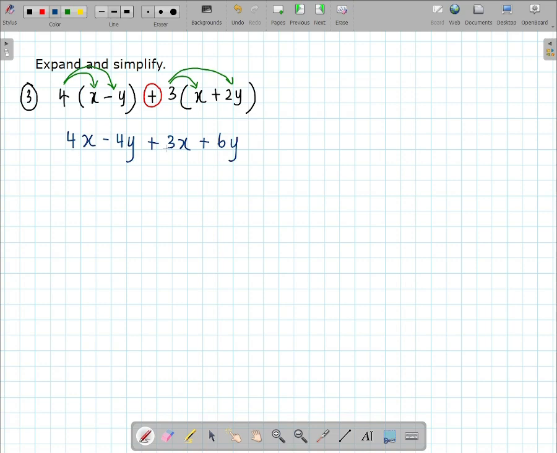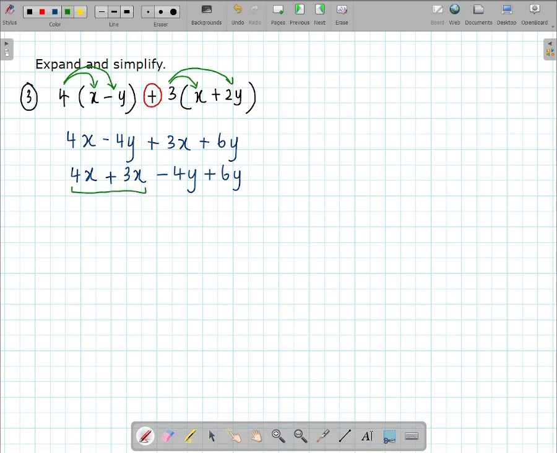Now we check the like terms. We have like terms, that is 4x and 3x, 4y and 6y. So we have to collect them and write 4x plus 3x minus 4y plus 6y. Then we simplify.